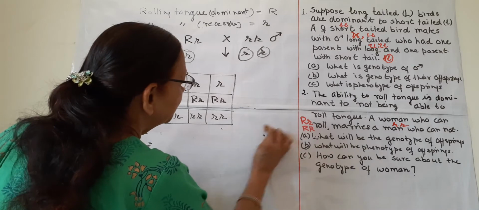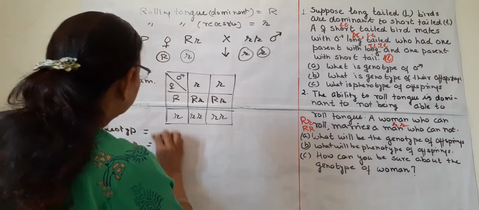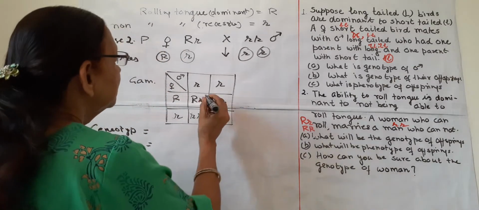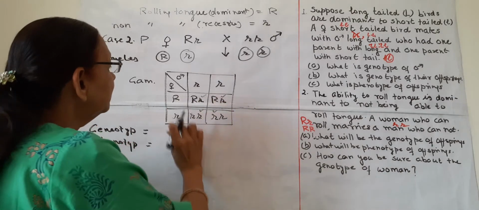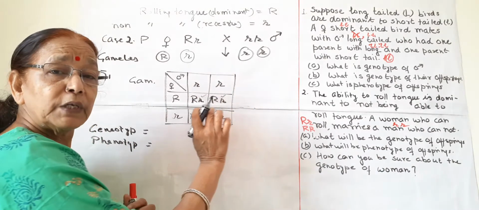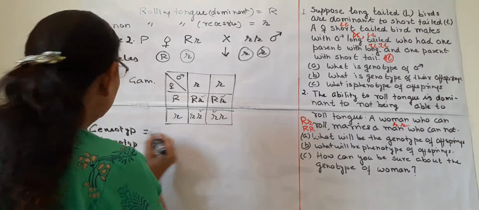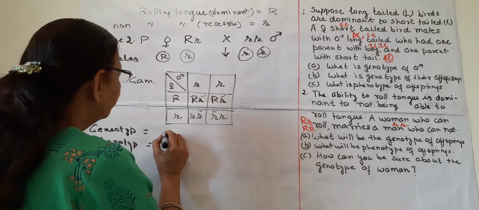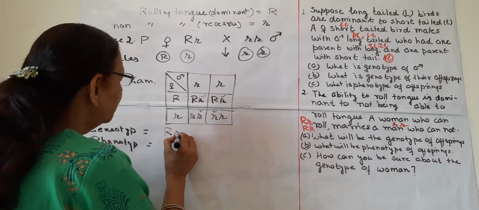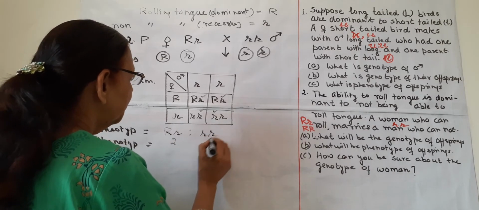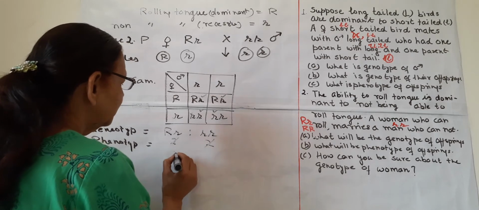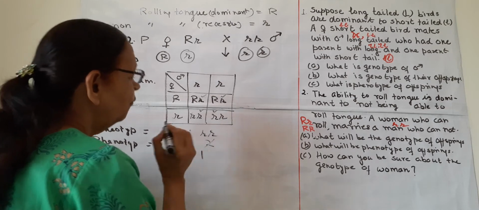So now, what is the genotype of offsprings? These are the gametes. So these 4 offsprings are there. So the genotype will be capital R, small r, 2 is to small r, 2. Or we can say 1 is to 1.